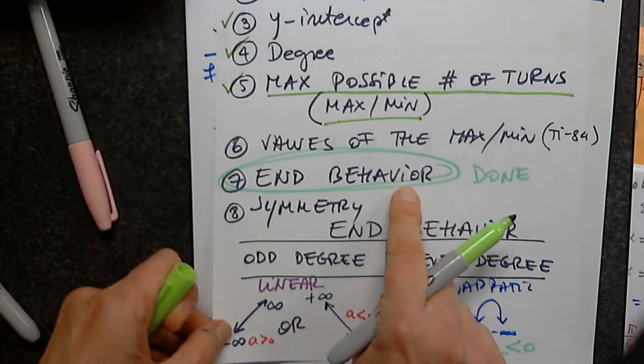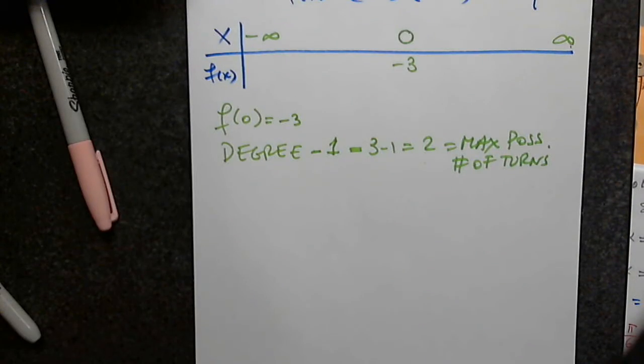And end behavior. It's degree 3. Does it behave like the linear function, or does it behave like a quadratic function? Like a linear, because it's odd degree. It's degree 3, behaves like the linear. Does it have this end behavior, or does it have this end behavior?